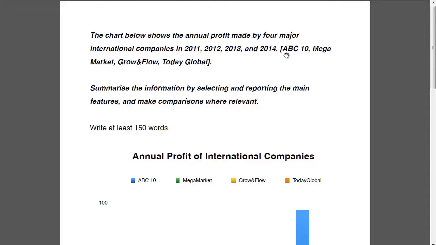So these 4 companies are ABC 10, Mega Market, Grow and Flow and Today Global. Okay, so this is what we're going to see, the annual profits for 4 years from 2011 to 2014 for 4 major companies. These 4 here in the parentheses, all right?